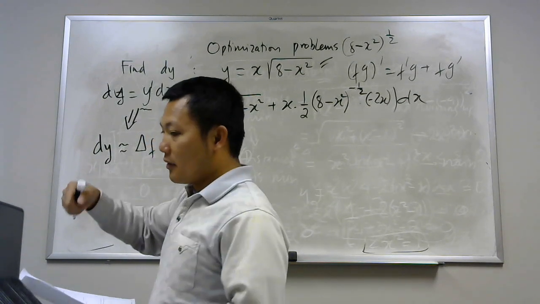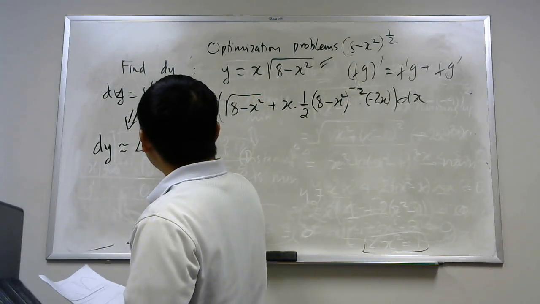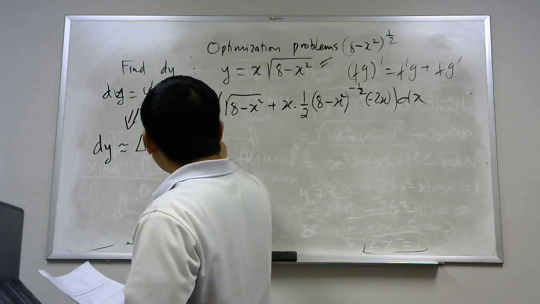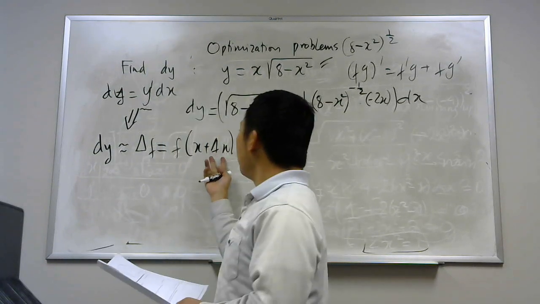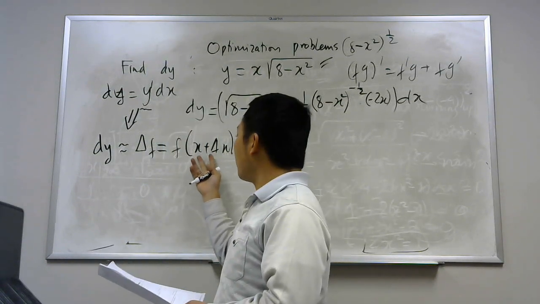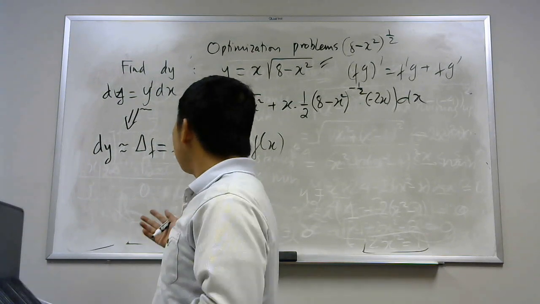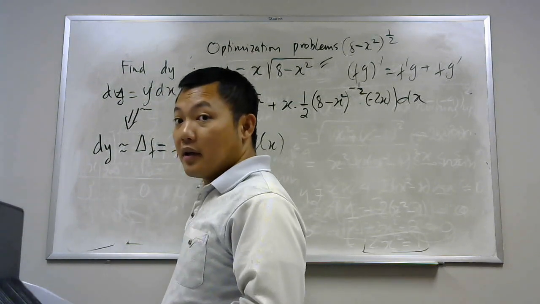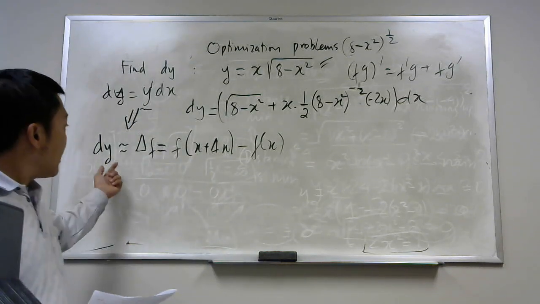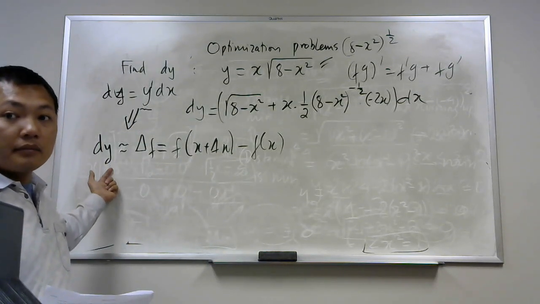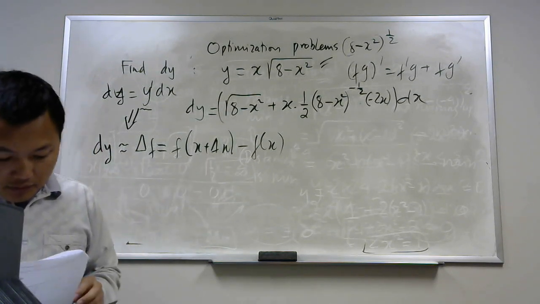If x makes a little change, that is equal to f of x plus delta x minus f of x. When you add a little bit to the variable, your function also changes. But sometimes it's complicated to calculate function values in here. So sometimes we use differential to approximate that.